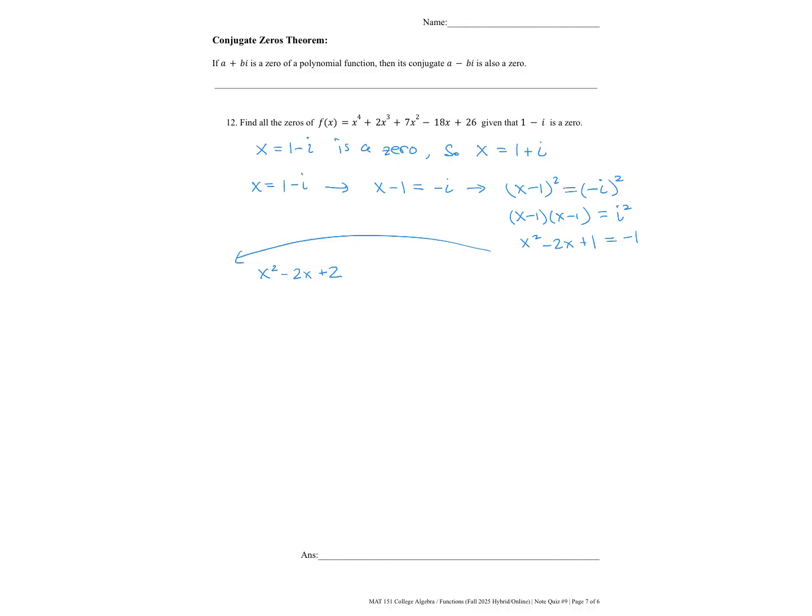0. In other words, I can take my x squared minus 2x plus 2 and divide that by long division into x to the 4th plus 2x cubed plus 7x squared minus 18x plus 26. And again, as I said earlier in the video, you can't use synthetic division for higher power division because it only works for first powers.